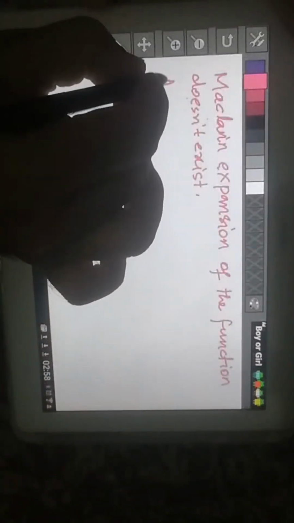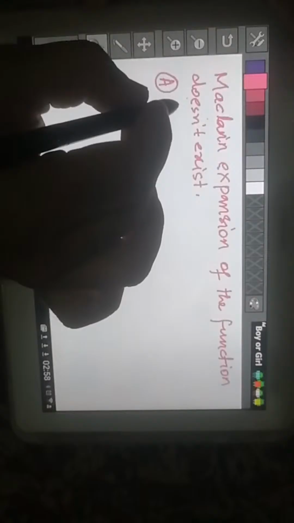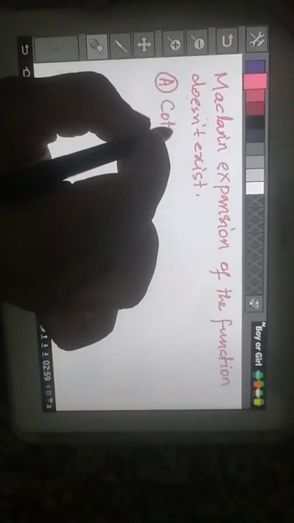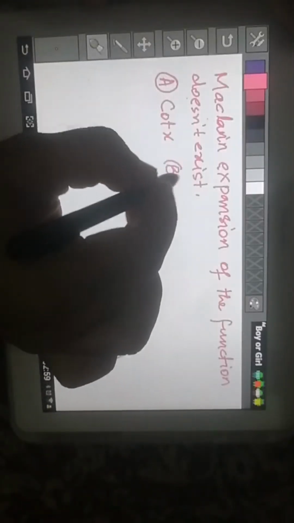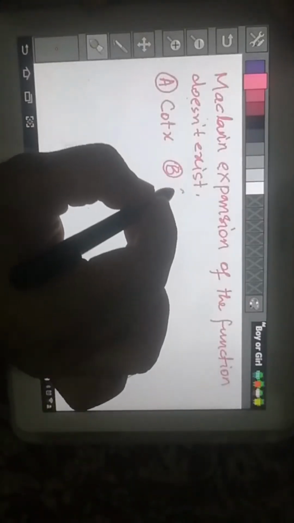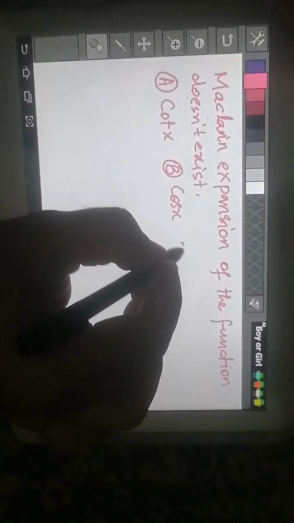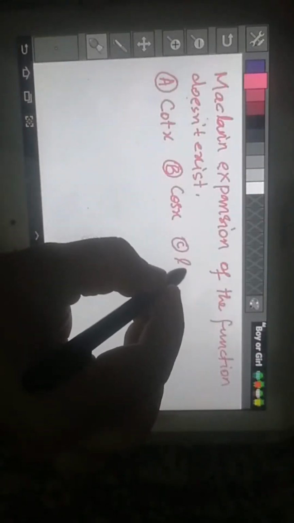Among the functions, we have to identify the function whose Maclaurin series actually doesn't exist.